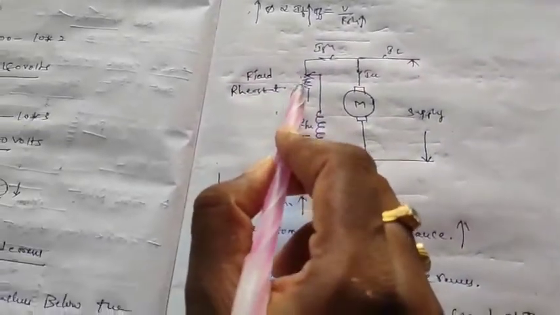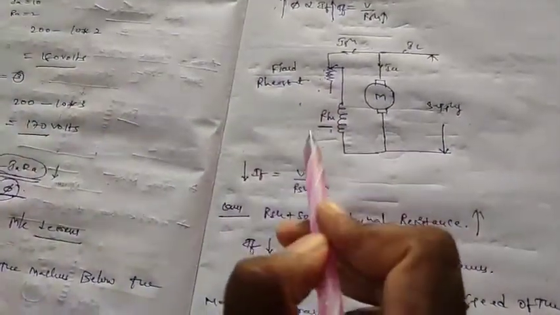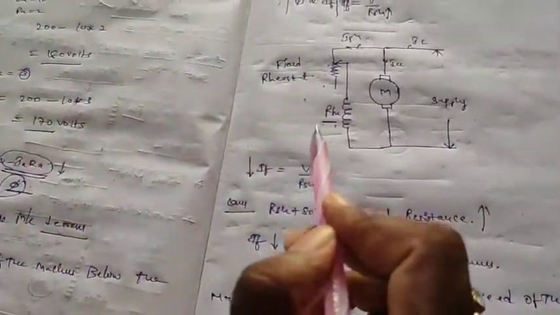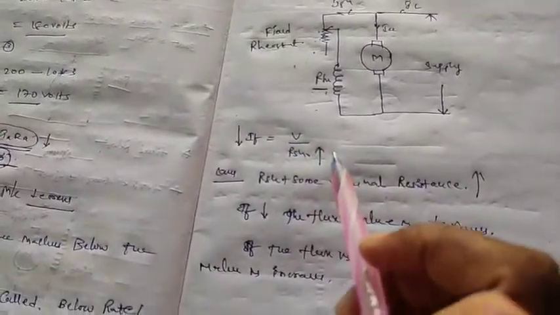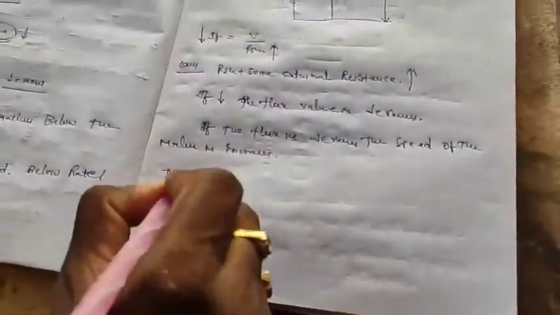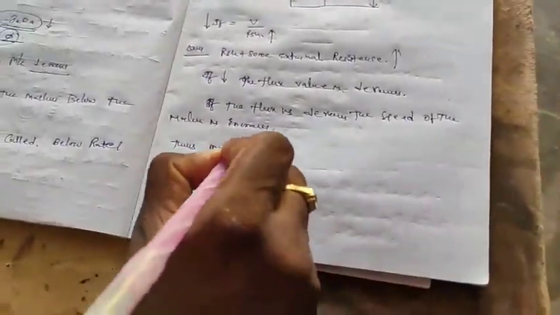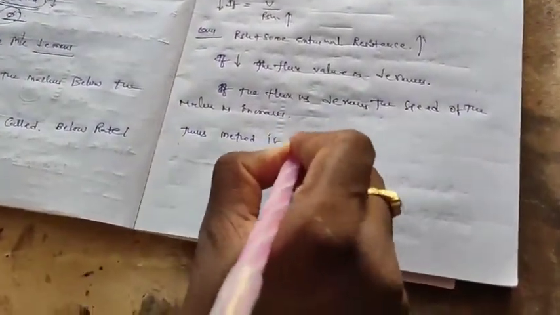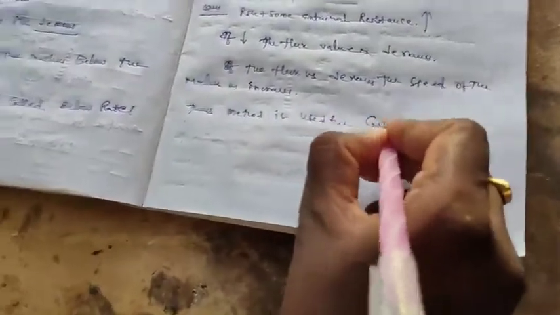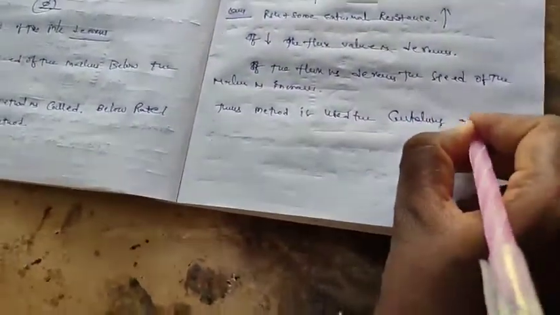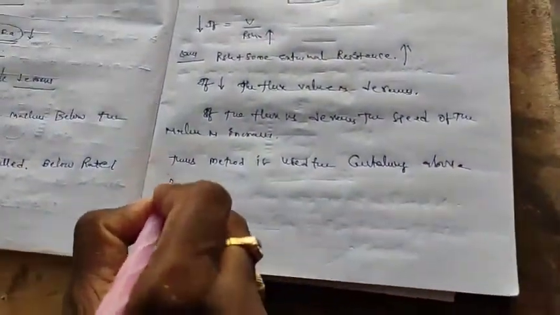So like that we can vary the resistance from the initial state to the maximum state. As the resistance increases, the IF value decreases, the flux decreases, and the speed of the machine increases. This method is used for controlling above rated speed.